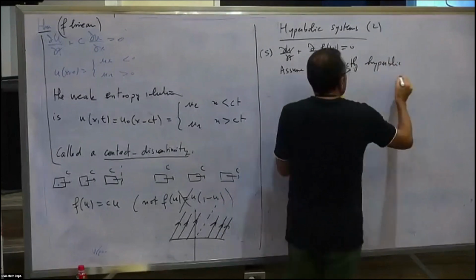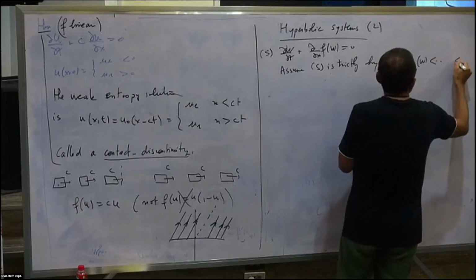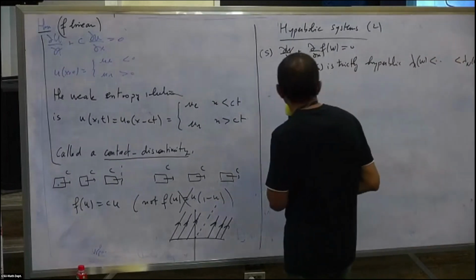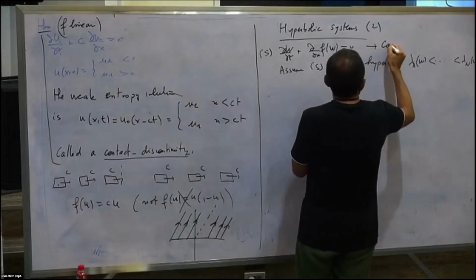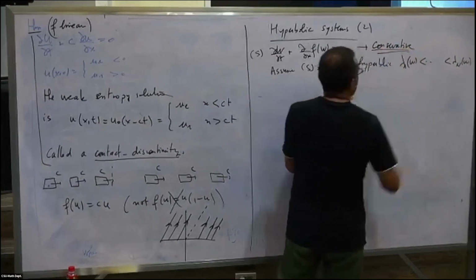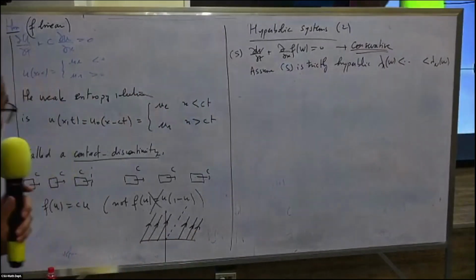Strictly hyperbolic means you have separate speeds, the speeds are different. And conservative form is really important. If it is not conservative, for the Riemann problem, we don't know.